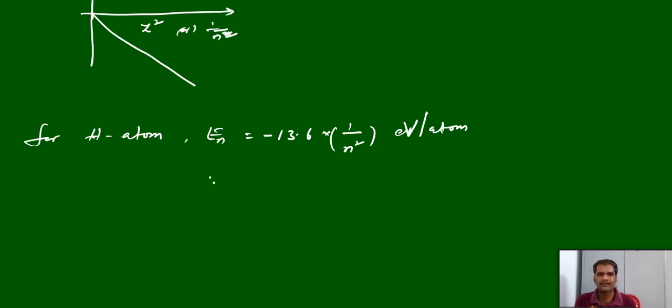So for the hydrogen atom, n is the number of orbits. Let us take the first orbit. E1 is equal to minus 13.6 electron volts. If we take the second orbit E2, then minus 13.6 by 2 square means 4, minus 13.6 by 4, you will get the value minus 3.4.